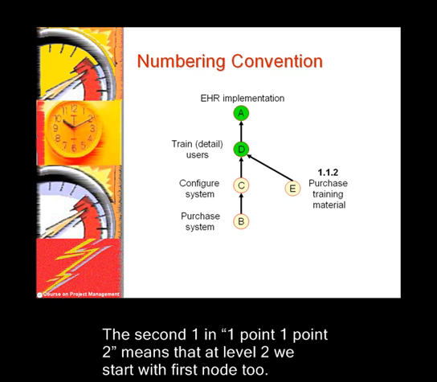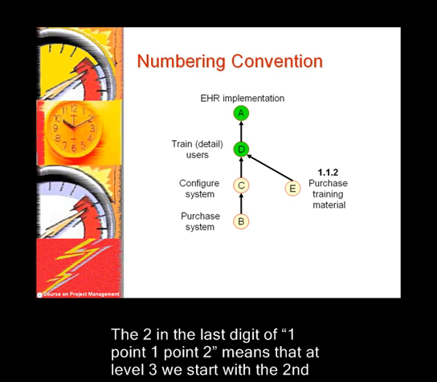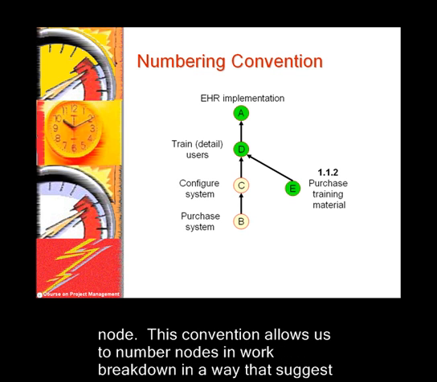The second 1 in 1.1.2 means that at level 2 we start with the first node too. The 2 in the last digit of 1.1.2 means that at level 3 we start with the second node. This convention allows us to number nodes in work breakdown in a way that suggests the structure.